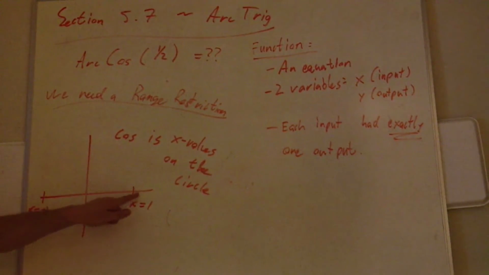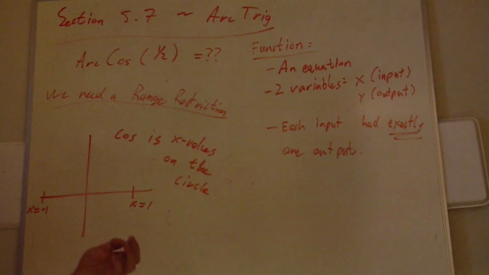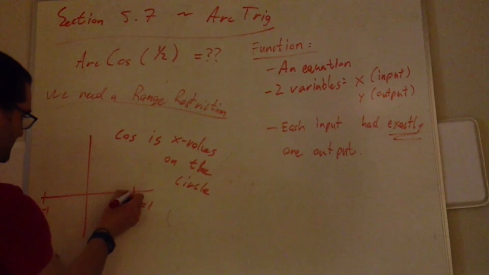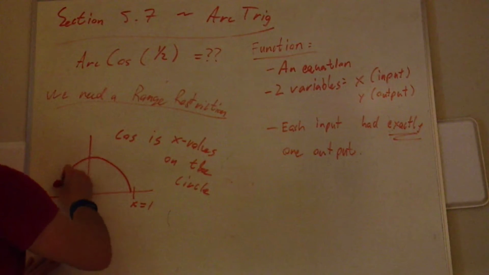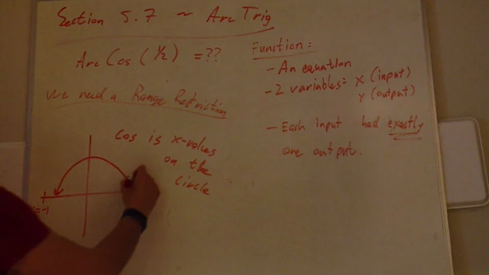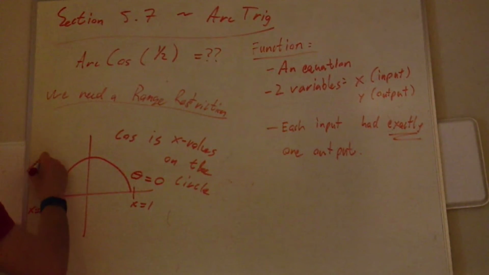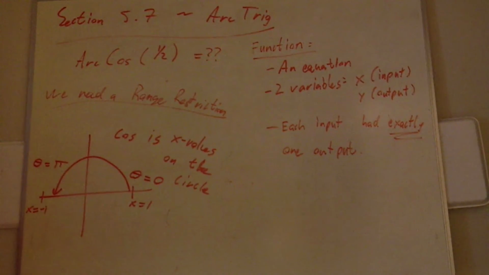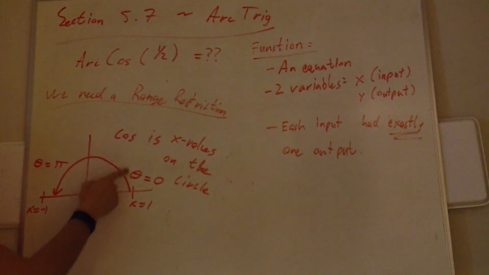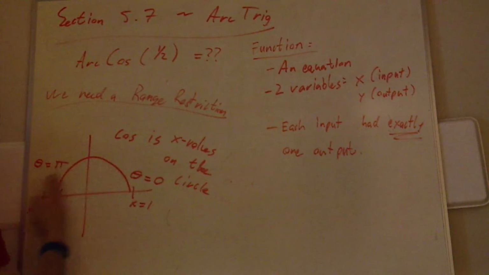I need something that will cover every possible x value exactly once. And I need this to be a range of angles. And honestly, the easiest way to do that is to go from here to here. This is theta equals 0 as our starting point, theta equals pi as our ending point. This range of angles will cover all of these possible x values exactly once.